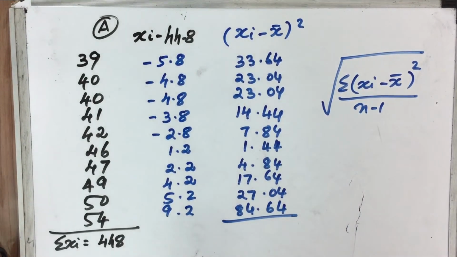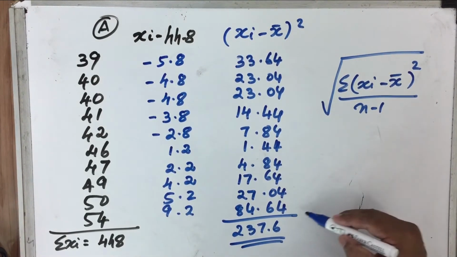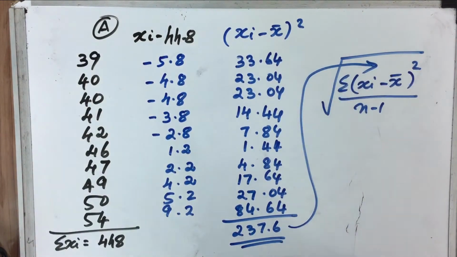So when you total this, you will get 237.6. Okay, so you got 237.6. So that is this value. We got it.